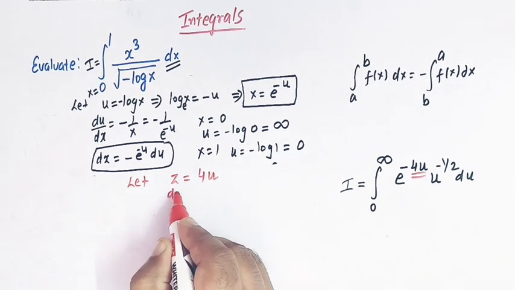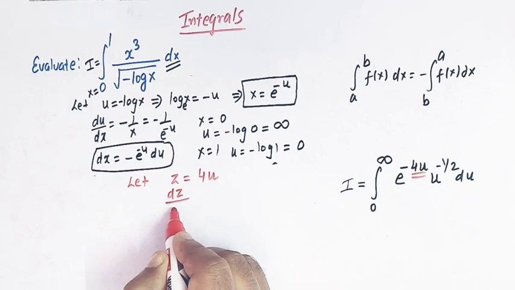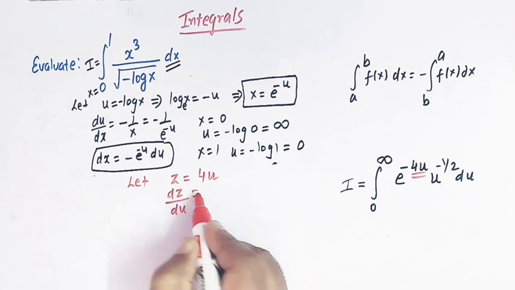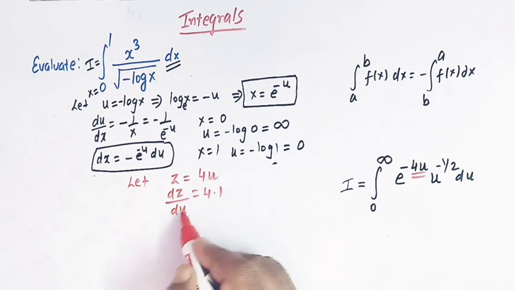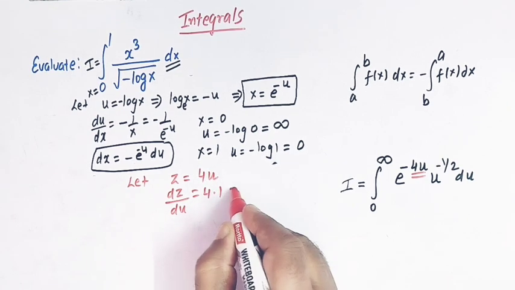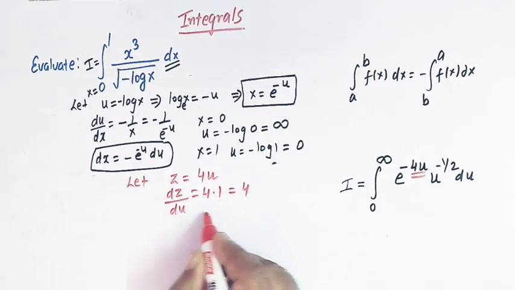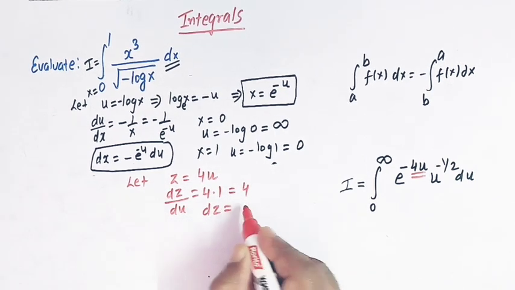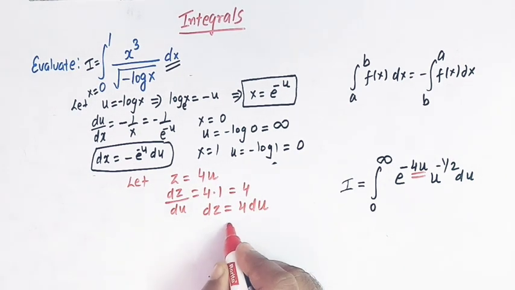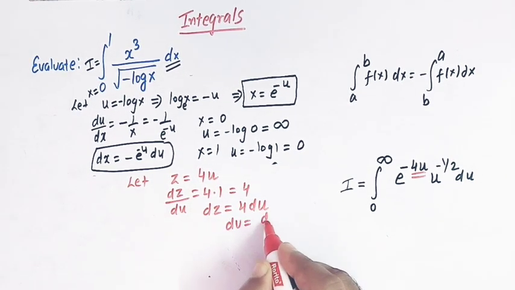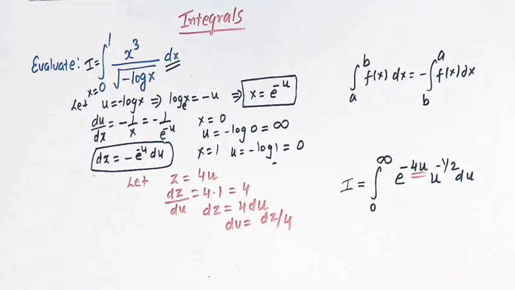So let us differentiate z with respect to u. So dz over du is equal to 4. That is the derivative of u with respect to u is 1. So we have 4. So we can now write dz is equal to 4 times du, right? And du can be written as dz over 4, right?